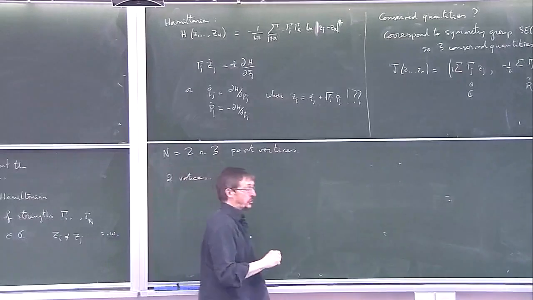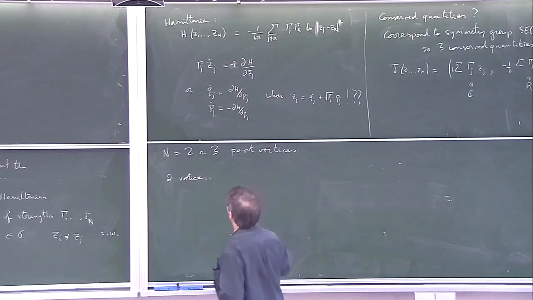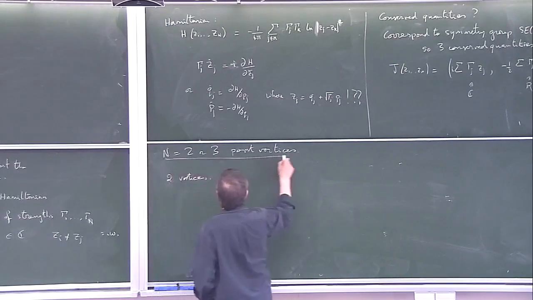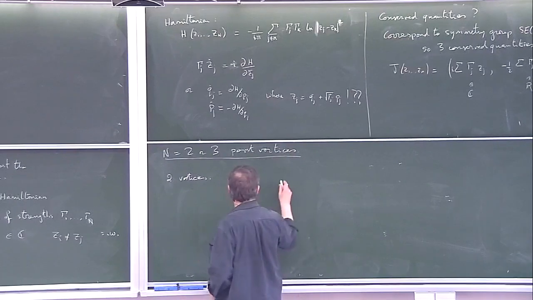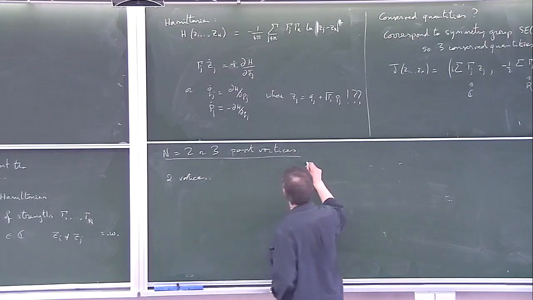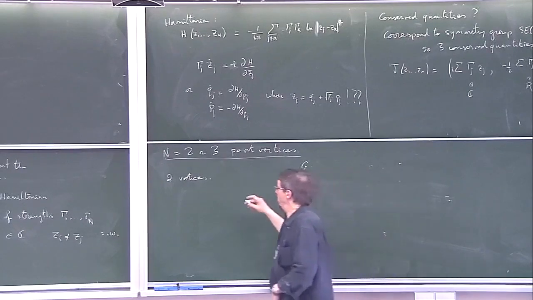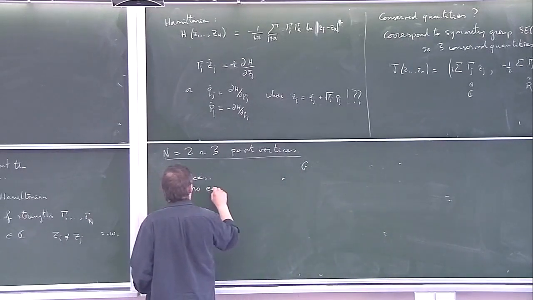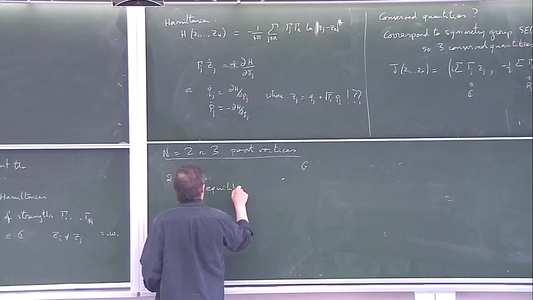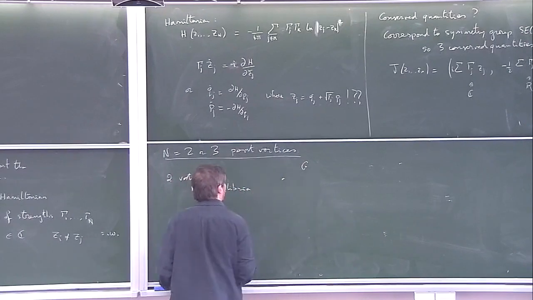So if there are 2 vortices, well, it's pretty clear this one makes this one move. So there are no equilibria. And this one makes this one move.